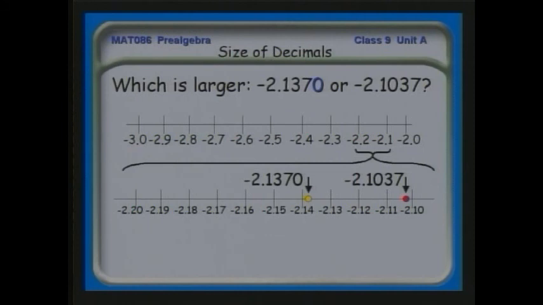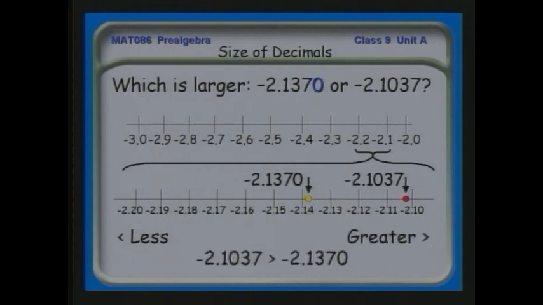And we see that the minus 2.1370 being to the left is the smaller number on the number line when we're dealing with negatives. So that we can say minus 2.1037 is greater than, because it lies to the right on the number line, than minus 2.1370. Wow, you have to be careful here.